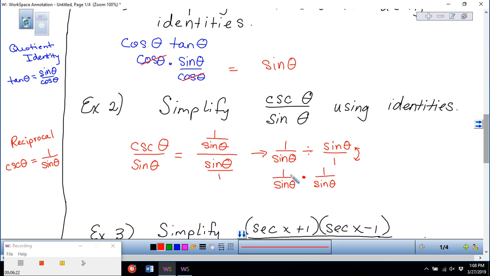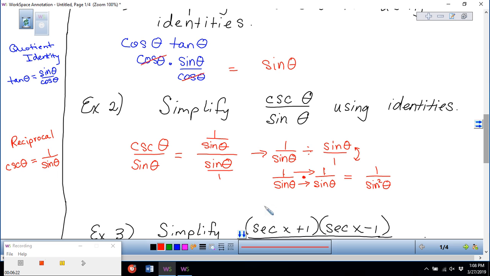So now I have 1 divided by the sine of theta times 1 divided by the sine of theta. Now remember, when we multiply fractions, we multiply straight across. So numerator times numerator, 1 times 1 is 1. Sine of theta times sine of theta, denominator times denominator, gives me sine squared of theta.